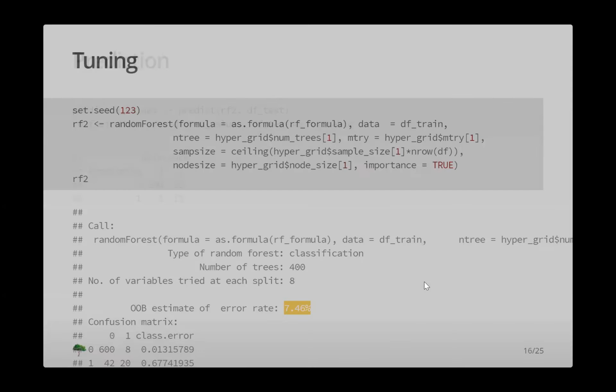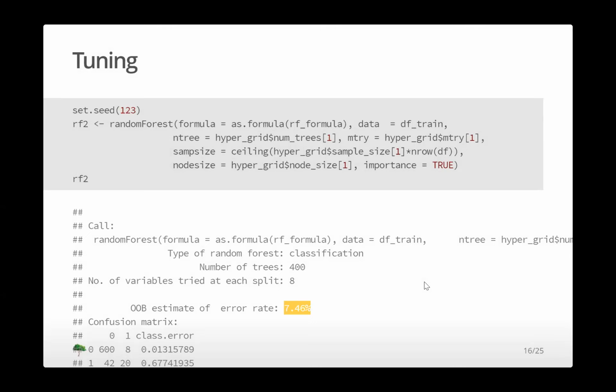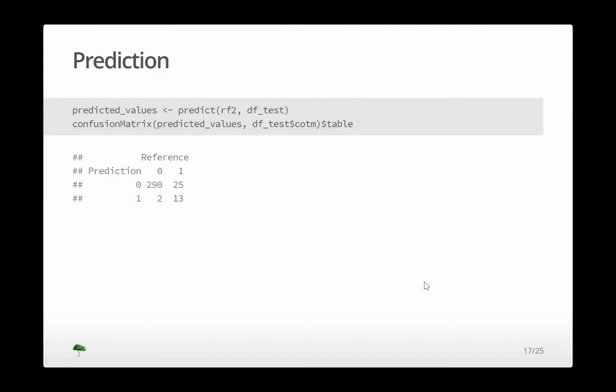And so now, after we've tuned our model, and let's say we've decided that this is our final model that we want to go with, usually we use random forests in 2 ways. We either use it for prediction, for classification, or for regression. The prediction part is really simple.